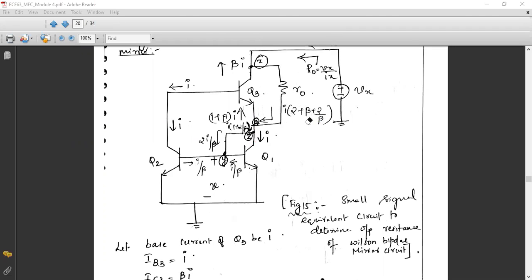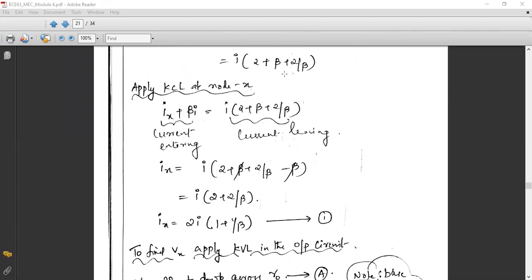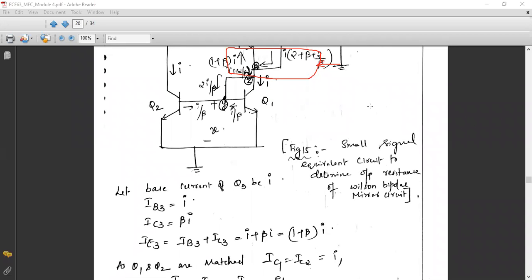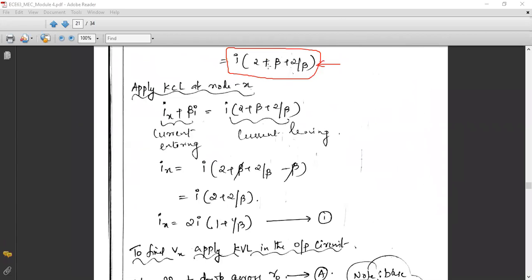The current that is flowing through R0. So the current flowing through R0 can now be written as I into 2 plus beta plus 2 by beta. Any doubts regarding this? So this I got after applying KCL to that node Z, right? Yes, Z or A. Any doubts regarding this?